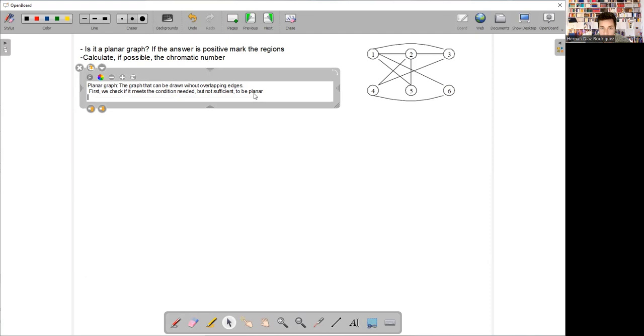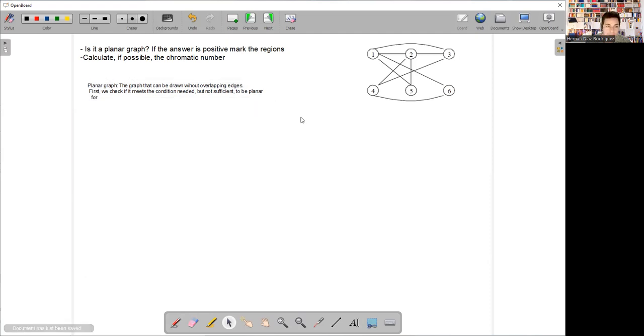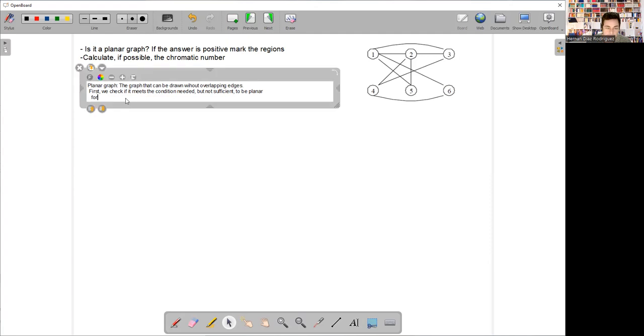So this comes by the formula 3r divided by 2 is less equal than m, and it's less equal than 3n minus 6.